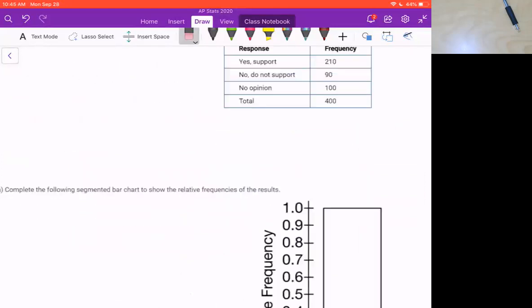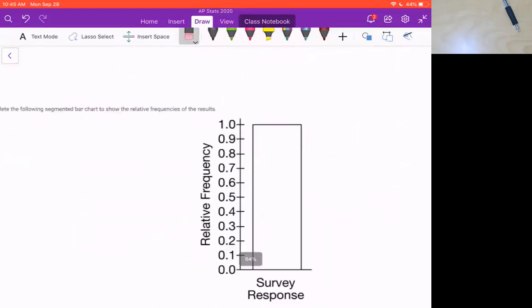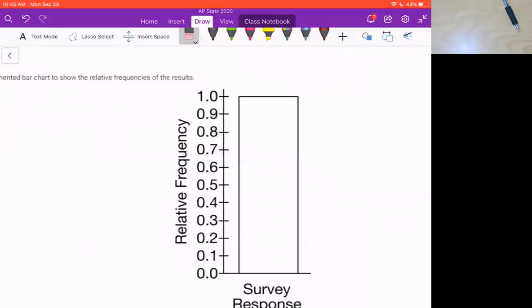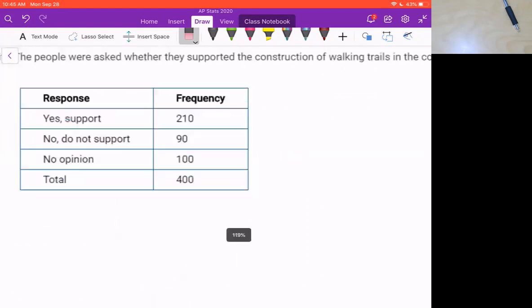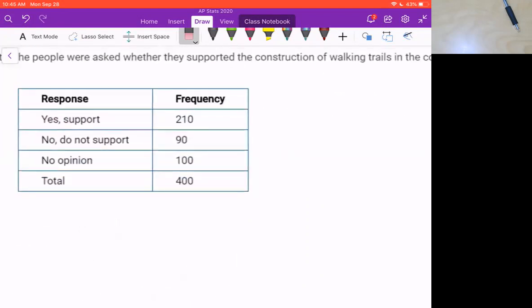Now, some of you guys, when you turned it in, said that you couldn't figure out how to get it to draw on here. So obviously that's not a big deal, as long as you do know how to do your segmented bar graph here. But what you would do here is take each one of these categories and convert it to a percent.